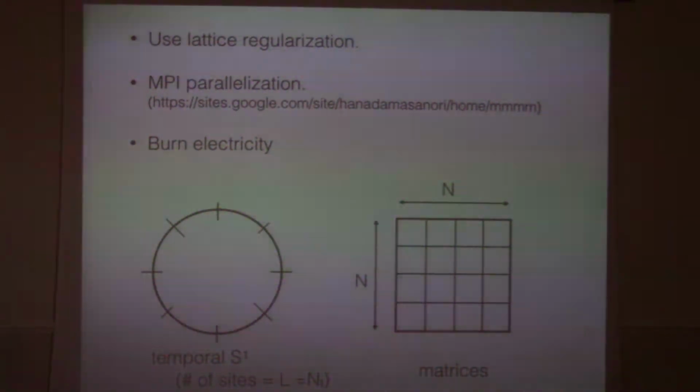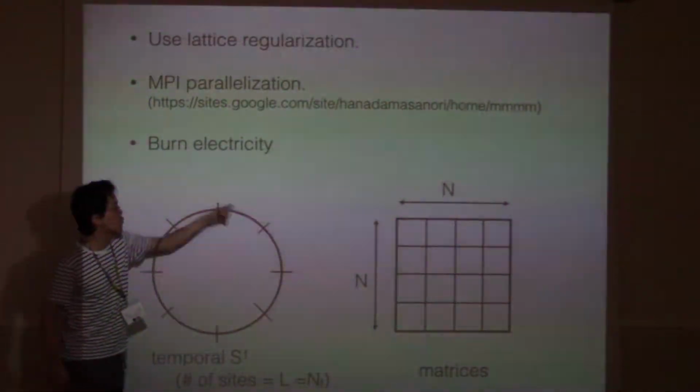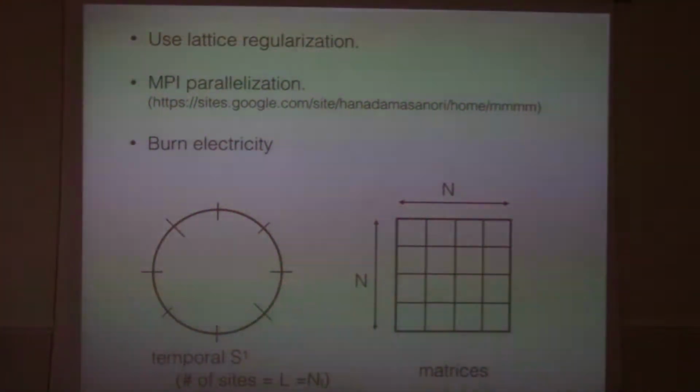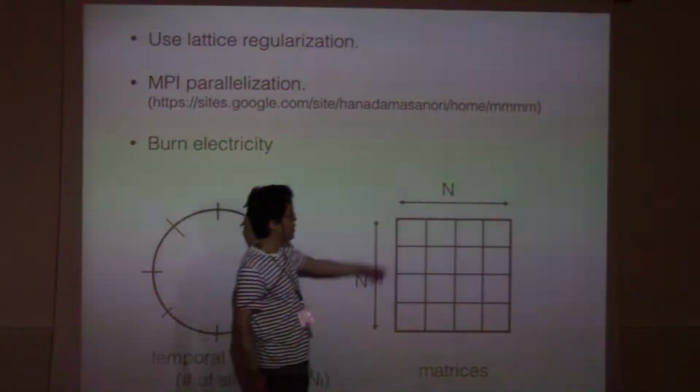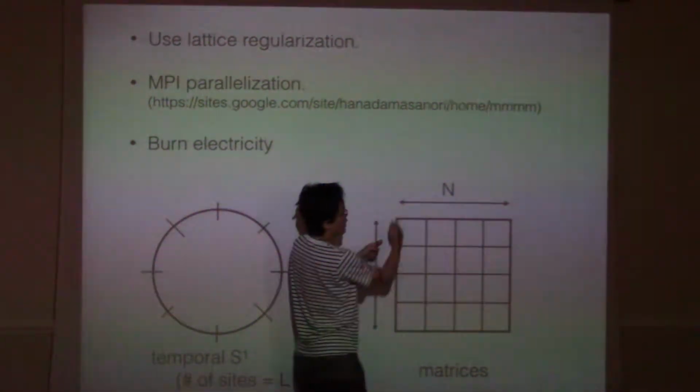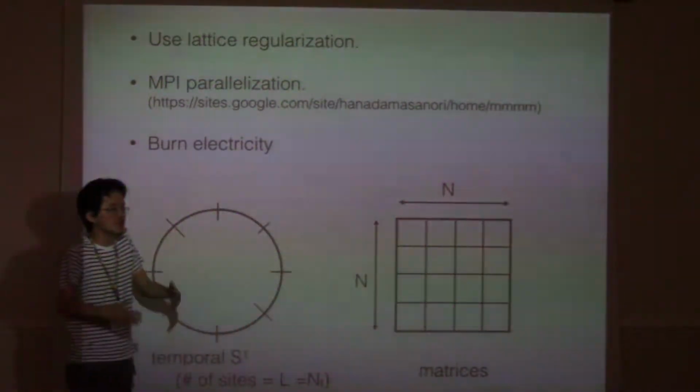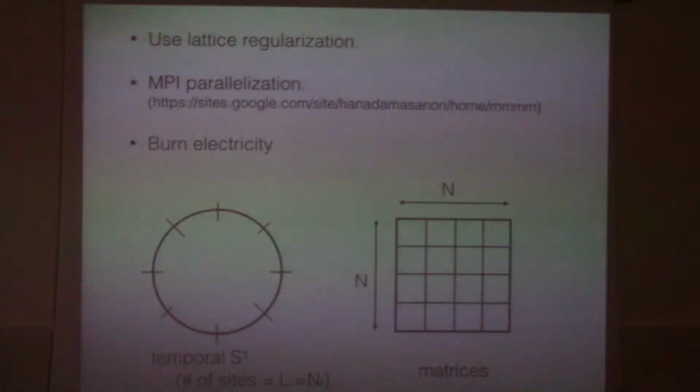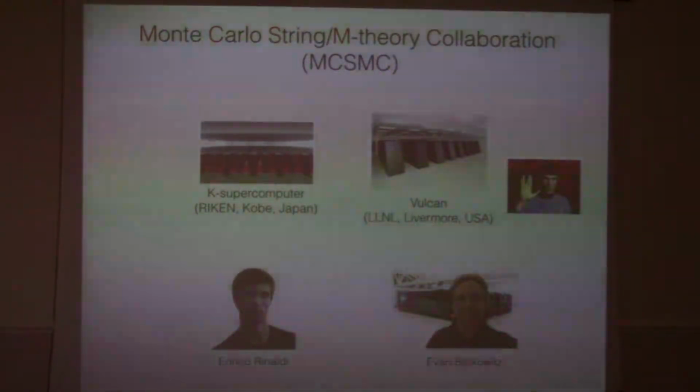Typically, we cut the temporal direction into, say, 10 sub-lattices, and we divide the matrix into 10 by 10 sub-matrices, in total 100 sub-matrices. Then we can use 1,000 CPUs to study this system. And it runs very well.